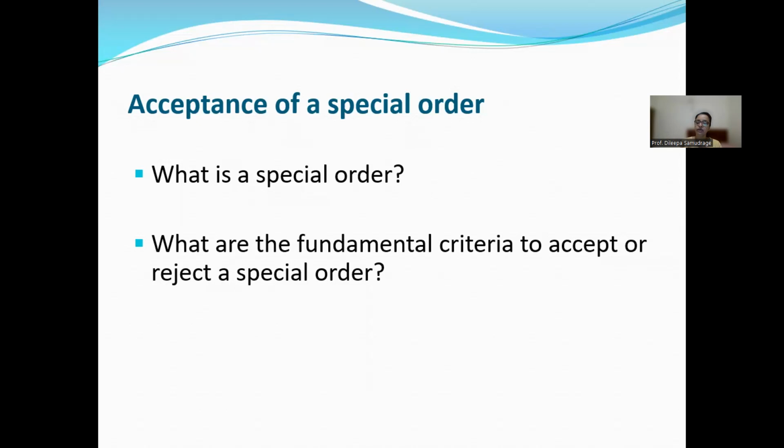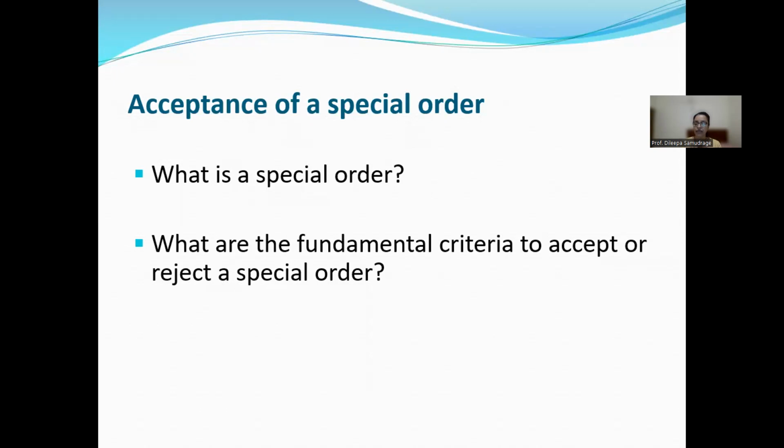The next one: whether you accept a special order or not is decided by comparing the special order price and the production cost. Under normal conditions you use certain materials, labor and expenses, so you know the production cost. You have to compare the special order price with the production cost.